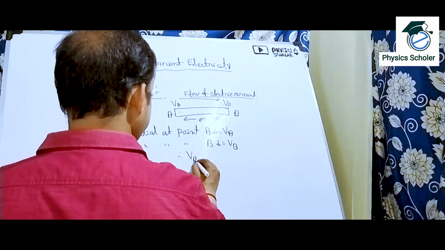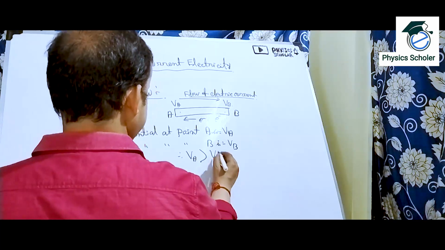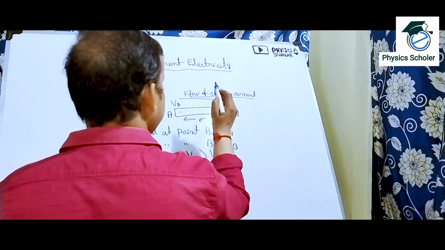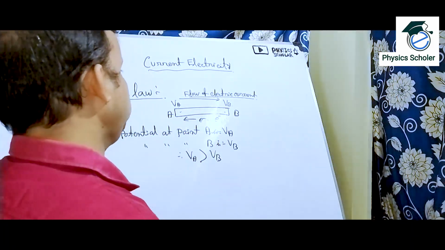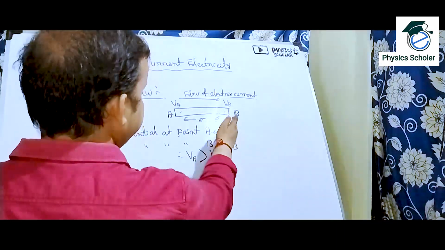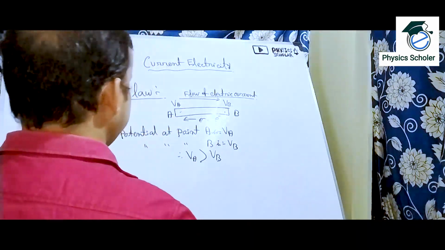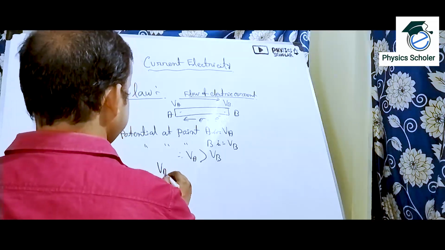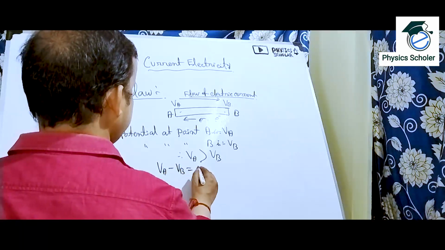Here we are assuming VA is greater than VB. That means from higher potential to lower potential, the electric current will flow. So the electric current will flow from A to B, and the electrons will flow from B to A. Clear?